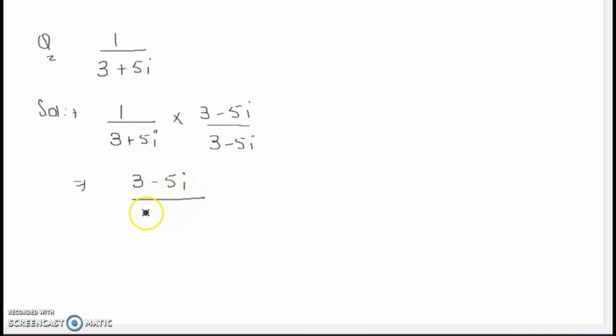So this will become a square, that means 9, minus b square, so that is 25i square. So that is minus 25i square, but i square is minus 1, so it is basically plus 25. I hope you have understood this. So this will become 3 minus 5i upon 25 plus 9 is 34. So this is what we have as the standard form.